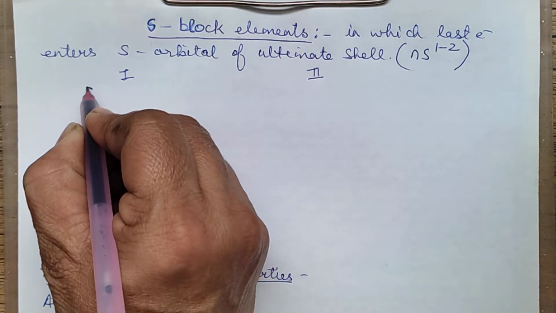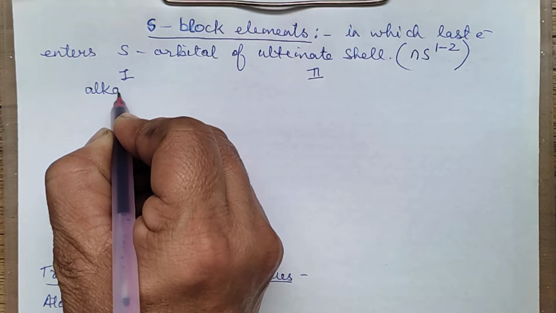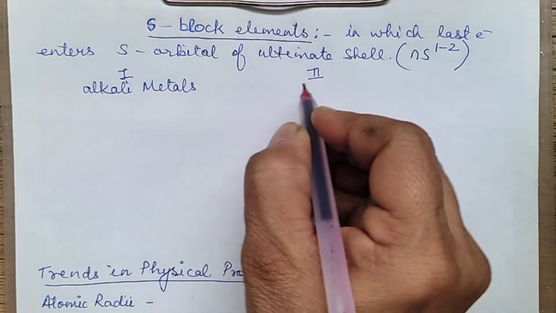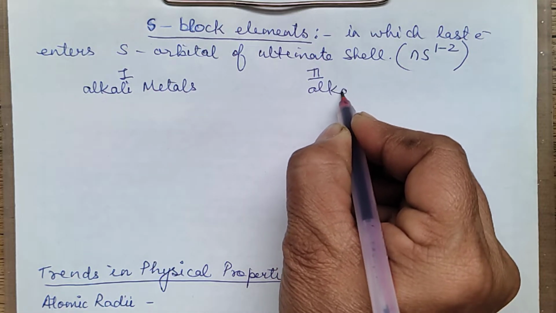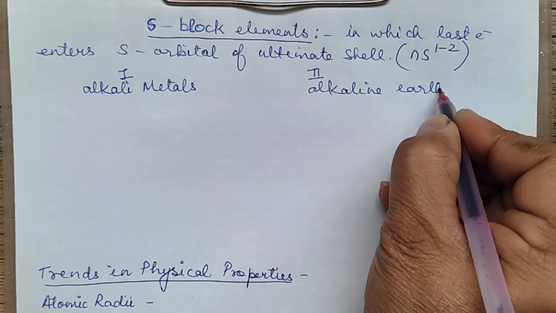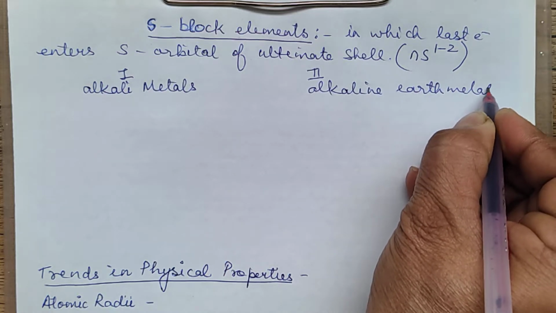Group 1 elements are also called alkali metals, and group 2 elements are called alkaline earth metals.